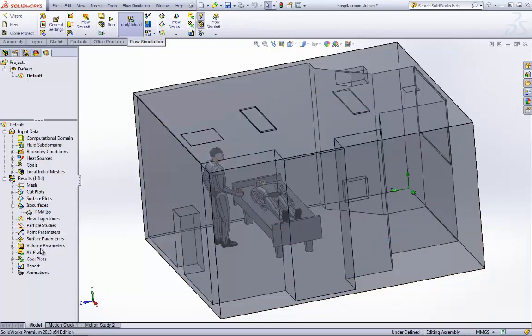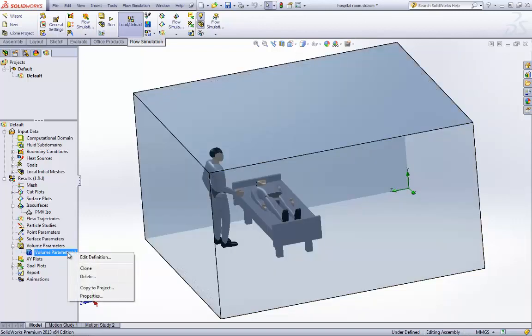Okay. Finally, we do have some volume parameters. What we did here was I extruded a block in this room so I would get a volume, and what the volume parameters does is it gives us an average throughout the course of the volume. You can see it here.